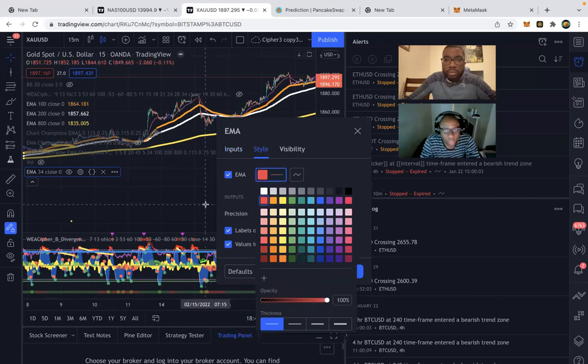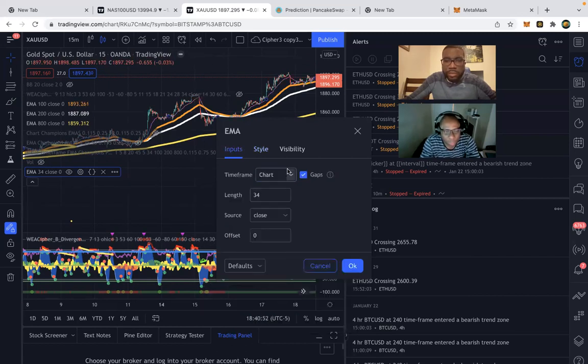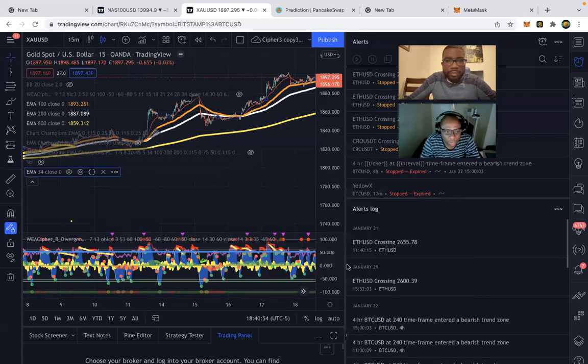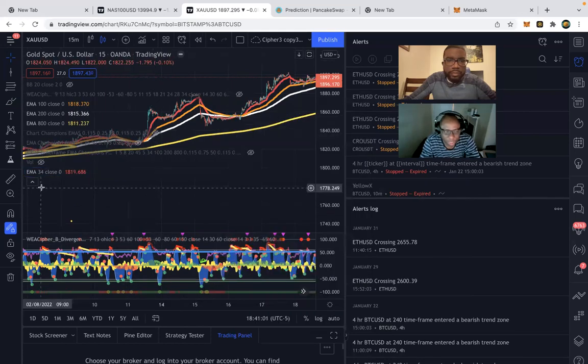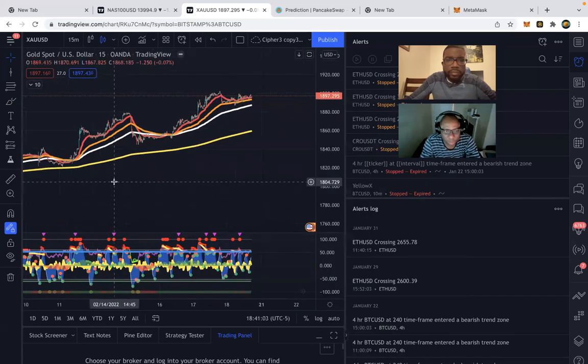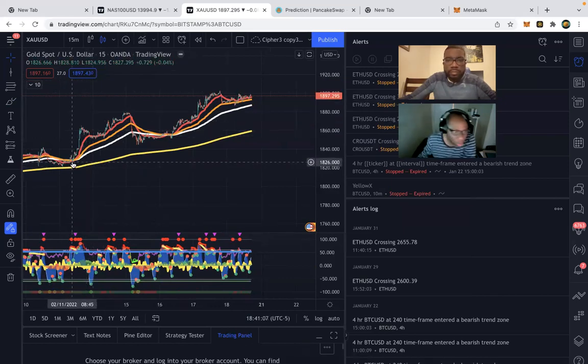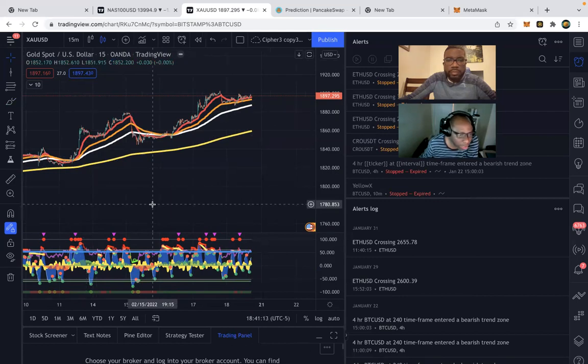So I can start with the daily, and I see a bullish setup there. I go down to the 4 hour, and I see a bullish setup there. Then I go down to maybe the 10 or 15 minutes, and I look for the best entry. What I'm looking for on the 10 or the 15 is something like this, or this.